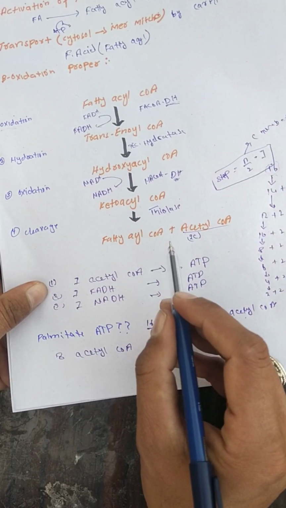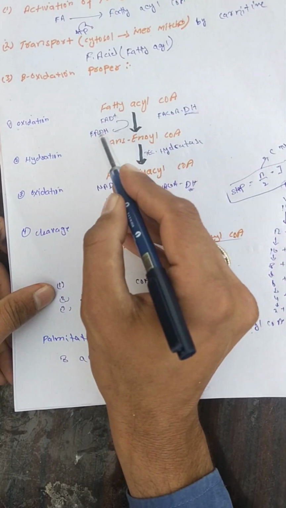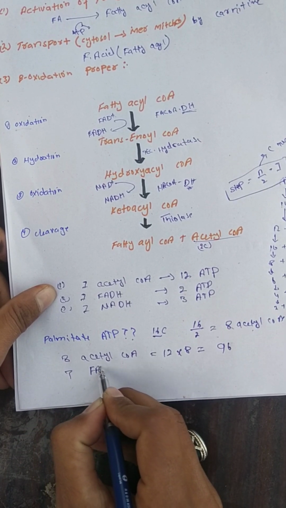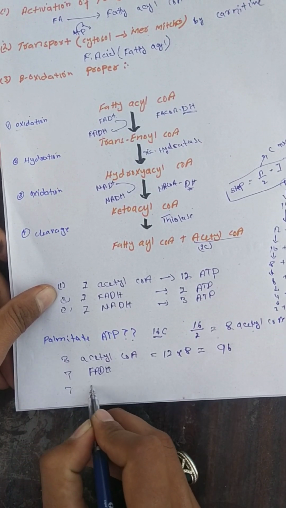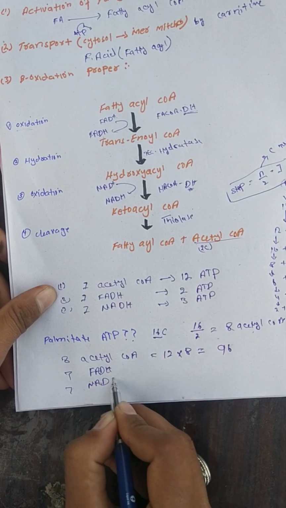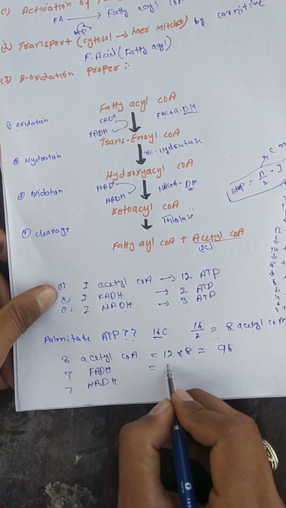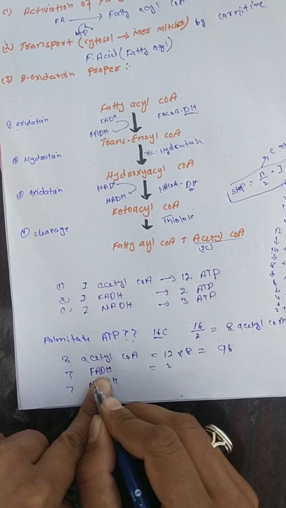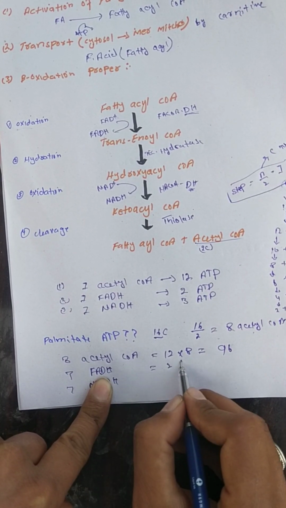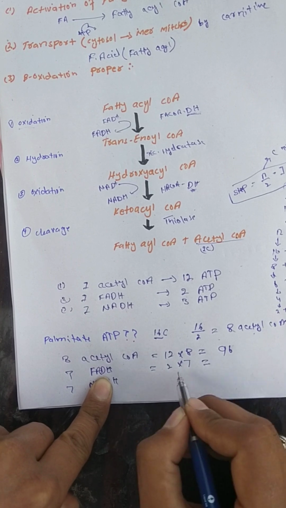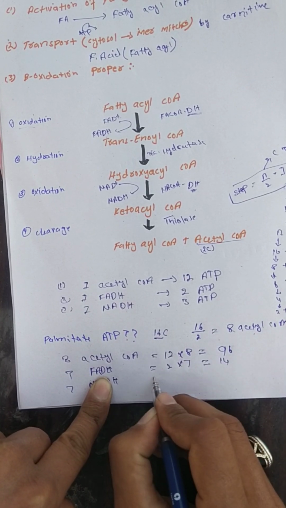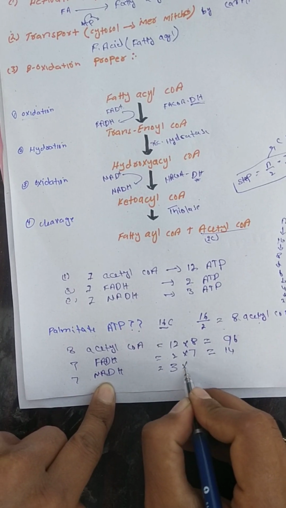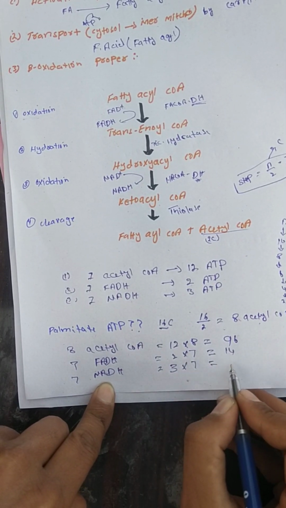If we have 7 steps, and we know that in each step we get 1 FADH and 1 NADH, there should be 7 FADH and 7 NADH, very easy. So 7 FADH: we get 2 ATP from 1 FADH, so 2 multiplied by 7 is equal to 14, and we get 3 ATP from NADH, so 3 multiplied by 7 is equal to 21.